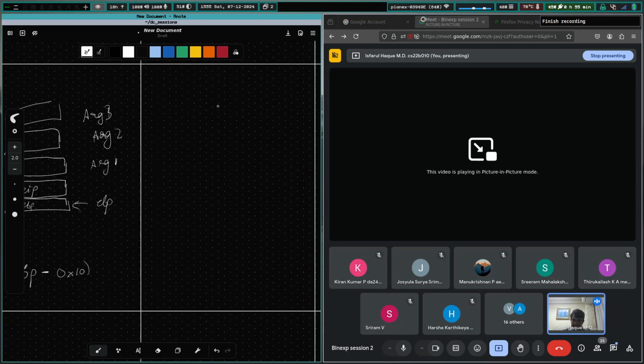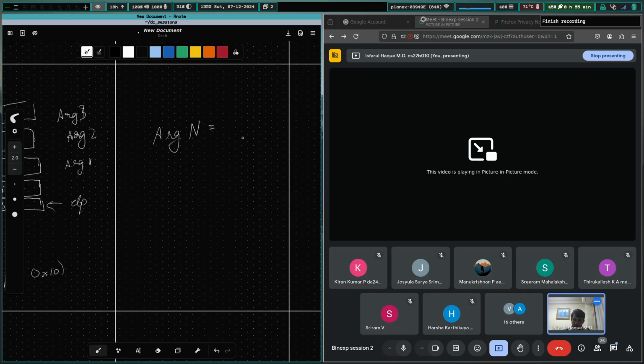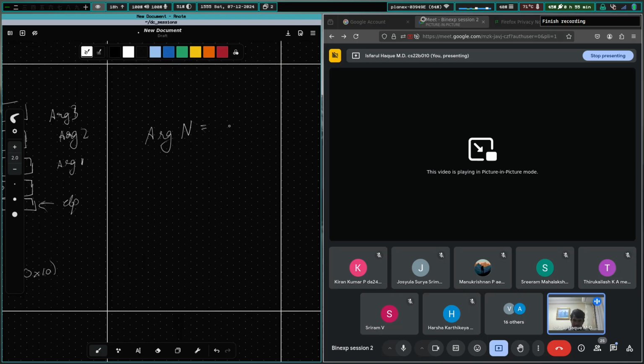So for argument n in the current stack frame, if you have to get the value of argument n, argn is equal to something like, what would it be? N into 4.